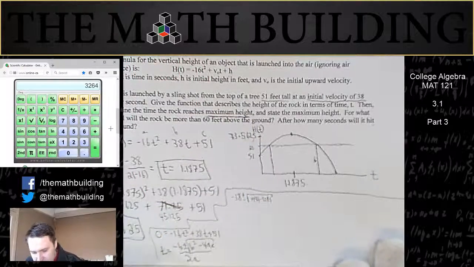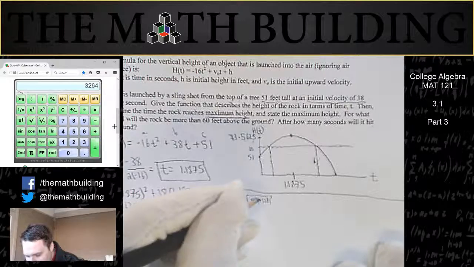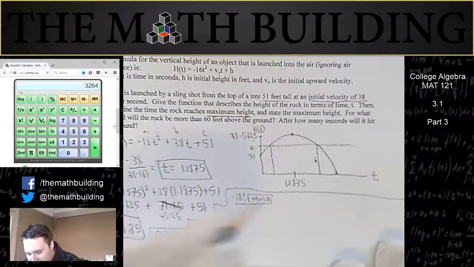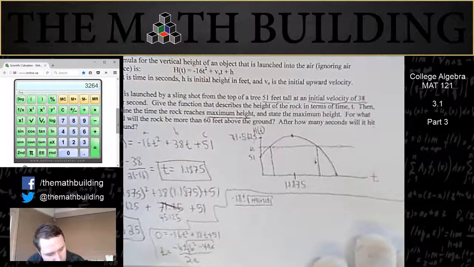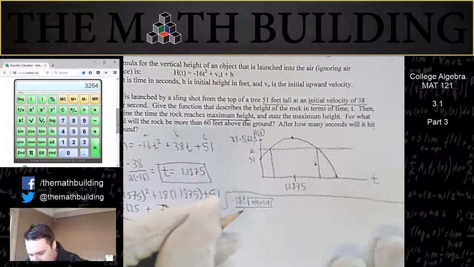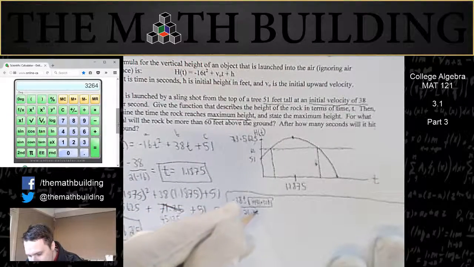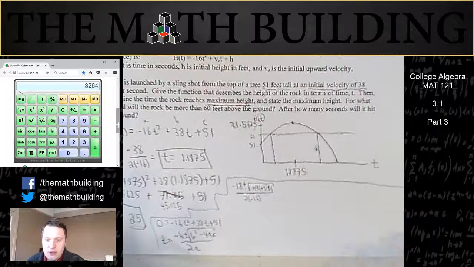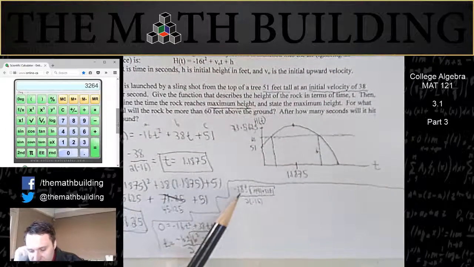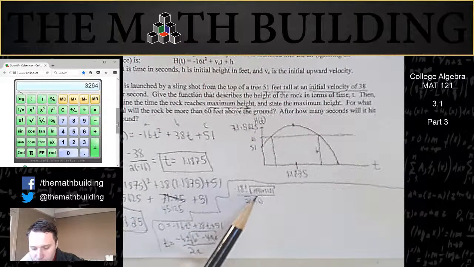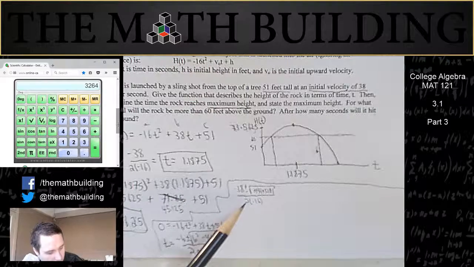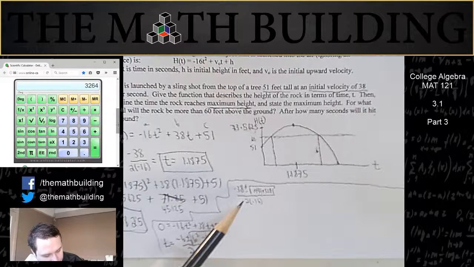And notice it's minus 4 times a times c. So we have two negatives, so that'll be a plus. All of that divided by 2a, which will be 2 times negative 16, which is negative 32. So that's negative 38 plus or minus the root of 1444 plus 3264 all over negative 32.